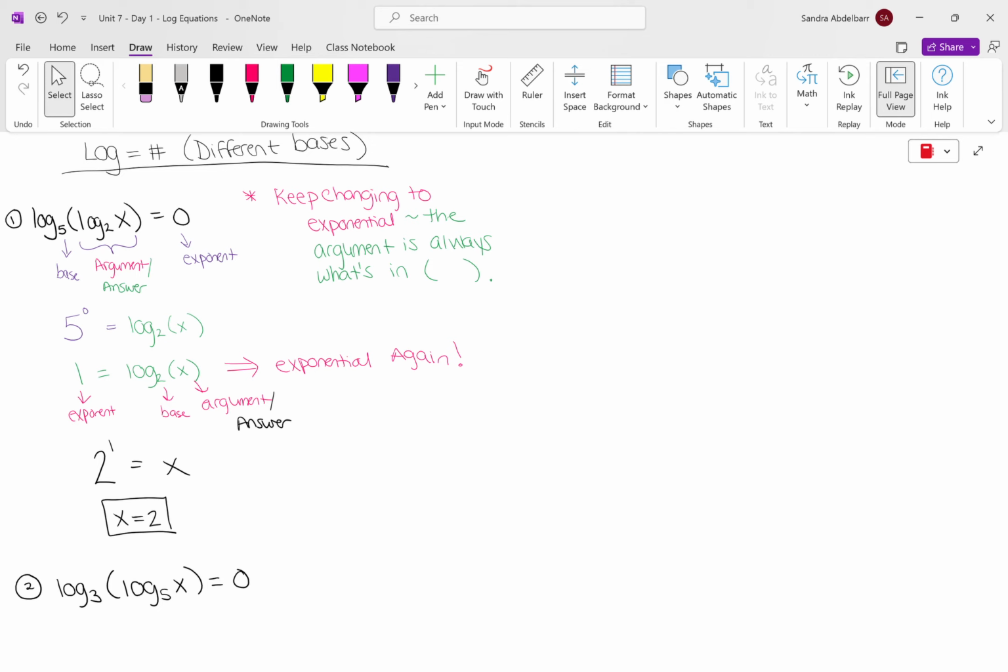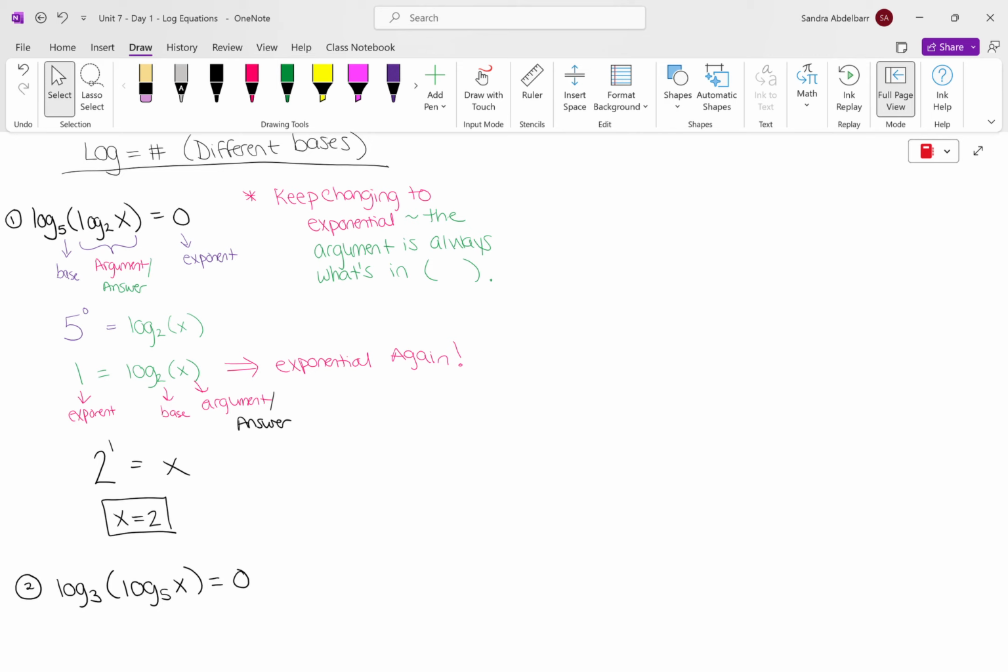So we're going to change it into exponential. What's your base? Like we're writing it as exponential. Erase that. Don't write log 3. So just write the base by itself. So 3 raised to what power? Equals the argument, which is, yeah? Okay, so what's 3 to the 0 power? Not 0. Oh, 1. So now write 1 equals log base 5 of x.